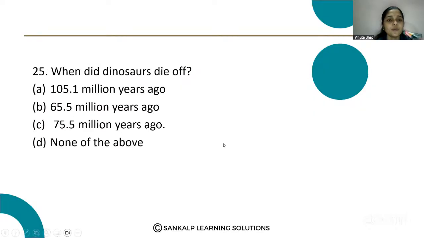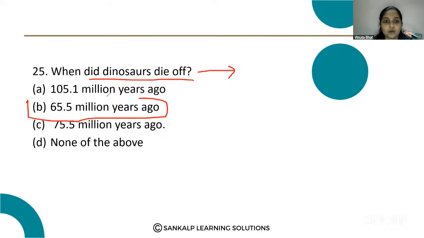Next. When did dinosaurs die off? 1.5 million, 105.1 million years ago, 65.5 million years ago, 75.5 million years ago, none of the above. You know the dinosaurs went extinct from the earth around 65.5 million years ago.